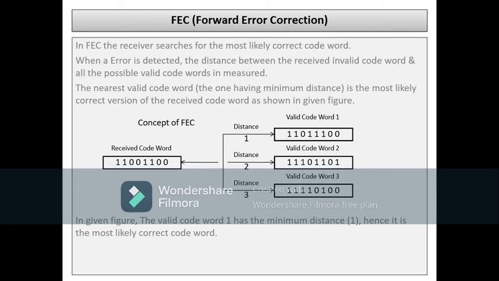Received code word 11001100. Distance 1, valid code word 11101100. Distance 2, valid code word 11101110. Distance 3, valid code word 11101101. 11110100.